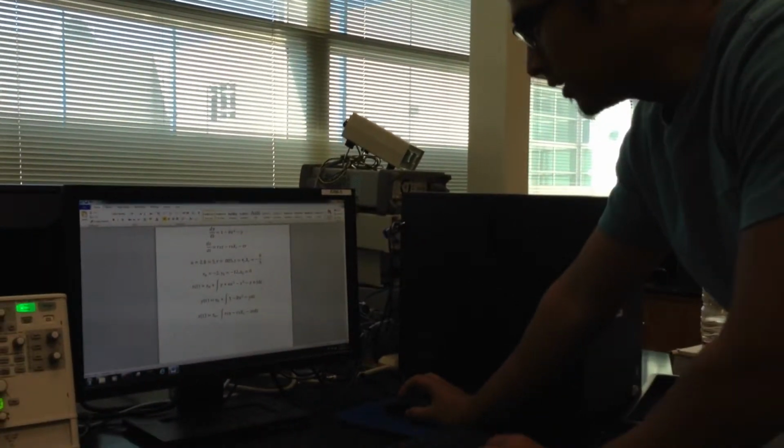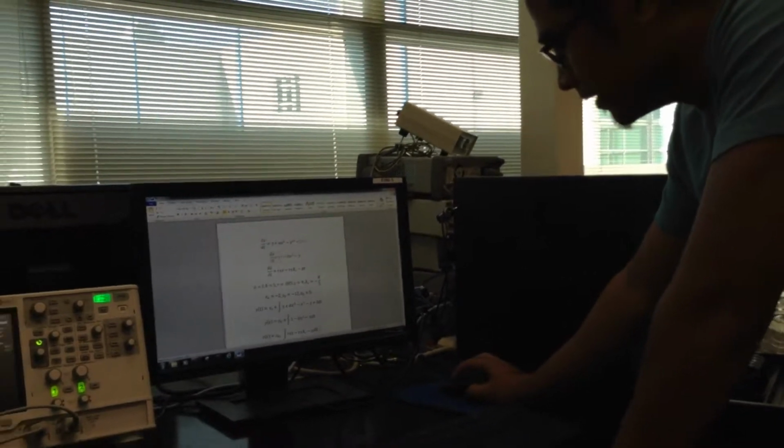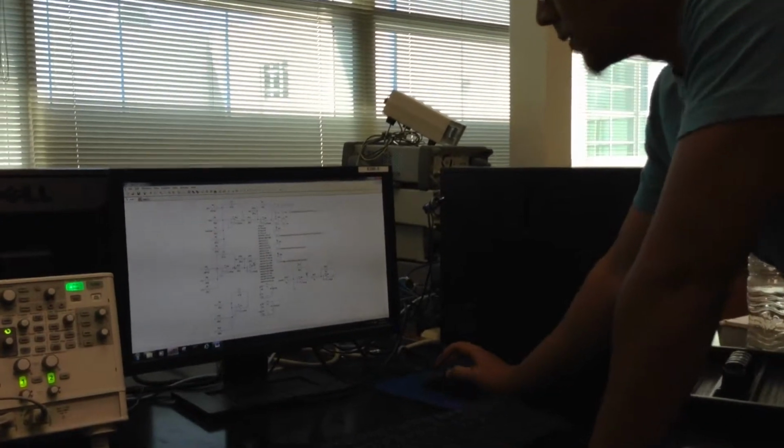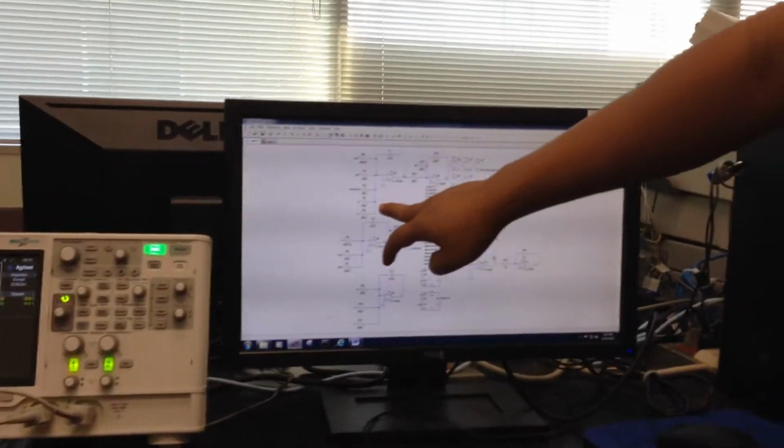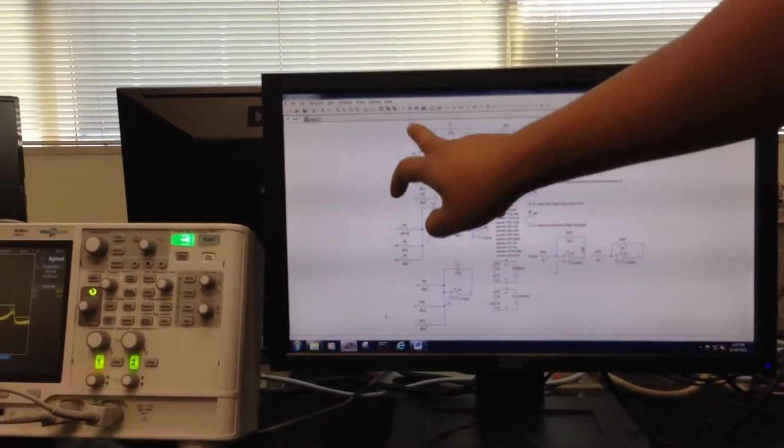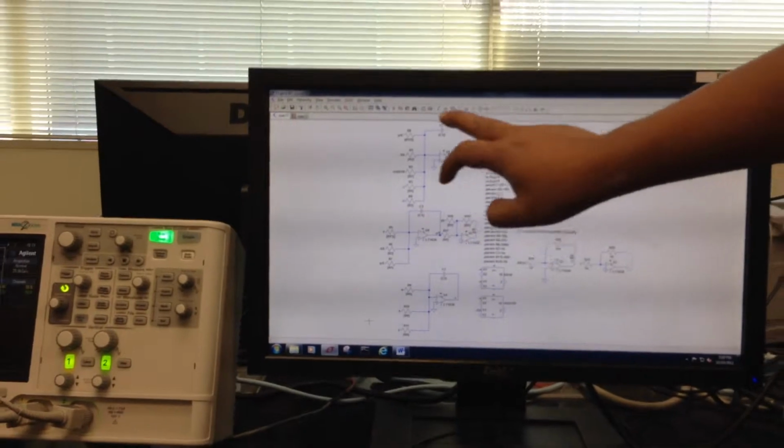To simulate this differential equation for the Hindmarsh-Rose, we decided to come up with a design for an integrating circuit.